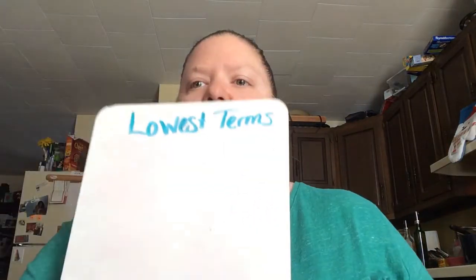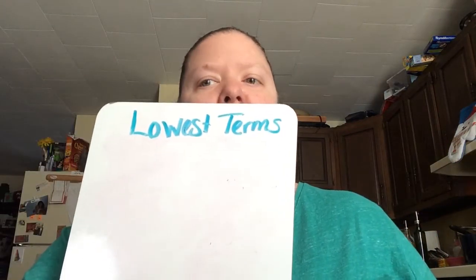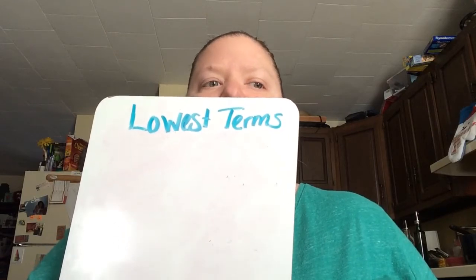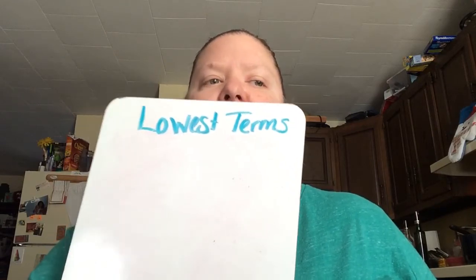But we're going to talk about lowest terms. Basically, lowest terms is taking a fraction that has a larger numerator and denominator and finding the smallest equivalent fraction that you can make those numbers into.